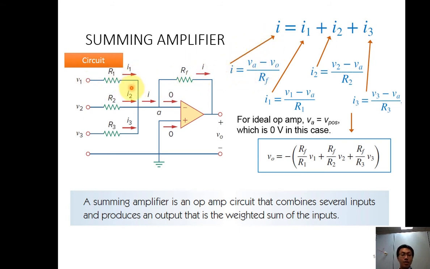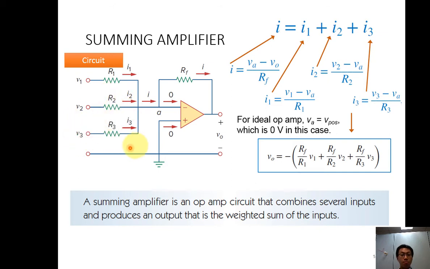What about my I1? Higher potential is V1, lower potential is VA. So V1 minus VA divided by R1. Same as well for I2: higher potential V2 minus lower potential VA divided by R2.